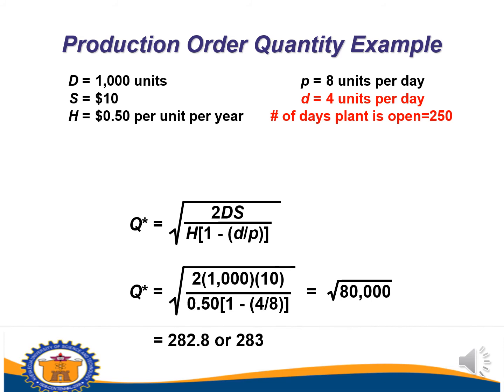Let's now solve for the Q star: the square root of 2 times 1,000 times 10 divided by 0.50 times 1 minus 4 divided by 8 is equal to the square root of 80,000, which is 282.8, or 283 units.